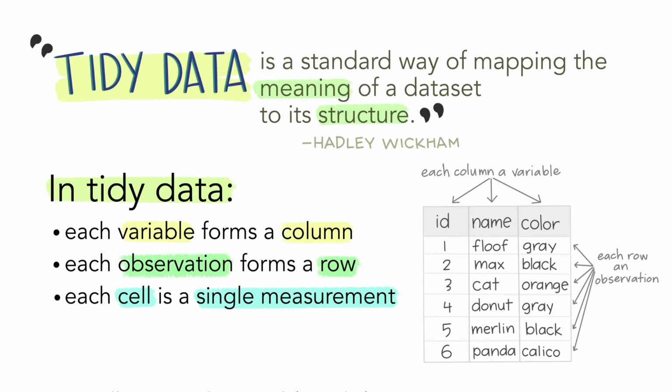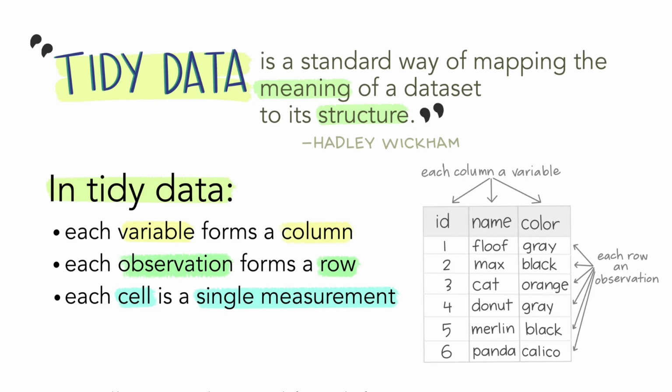If you look at the right-hand side of the slide, there's a simple representation of a tidy table. And as you can see here, we have 3 different variables which are stored in 3 columns: ID, name, and color. And then we have 6 observations which are stored in 6 rows, and we have 1 value in each of the cells.